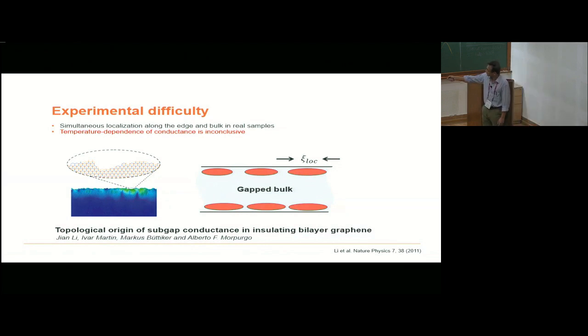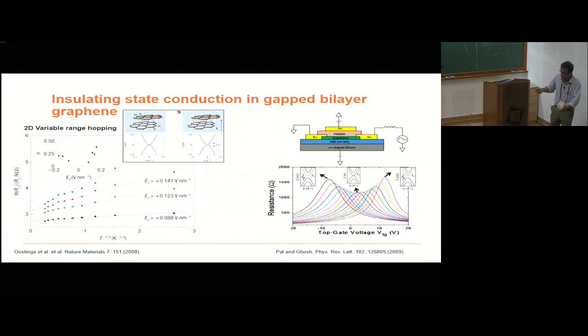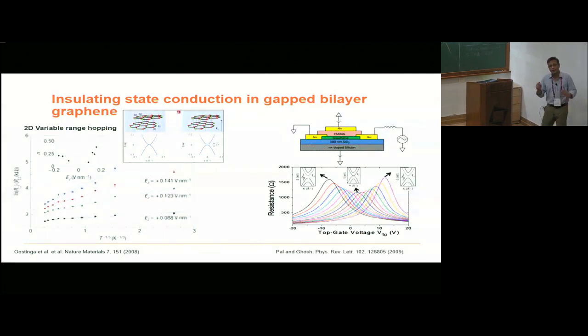Because the edges are not perfectly zigzag in a normal exfoliated sample, we do not know whether the conduction is primarily along the edge. As a result, for a long time, the insulating state transport in bilayer graphene was assumed to be two-dimensional insulating state transport.